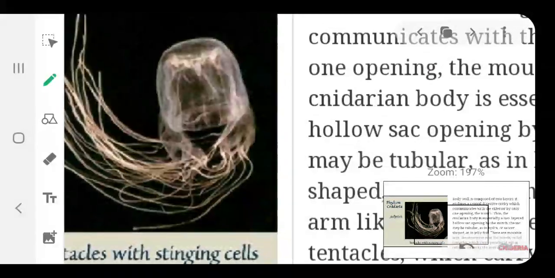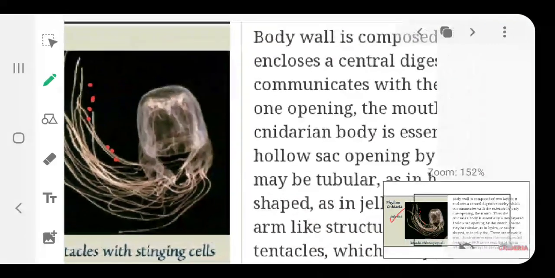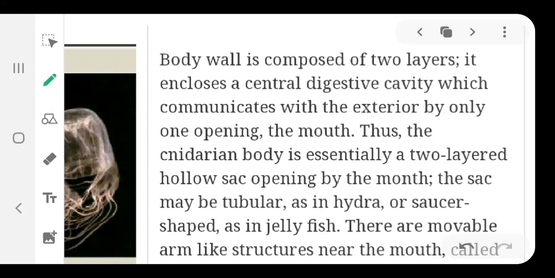Then this is the diagram that you might have seen, the stinging cells of a jellyfish. They have the stinging cells because if they sting a human body, they give a very painful shot. Okay, and the same thing is mentioned here. You can see the body wall is composed of two layers. There is a central digestive cavity, and they have an opening mouth.